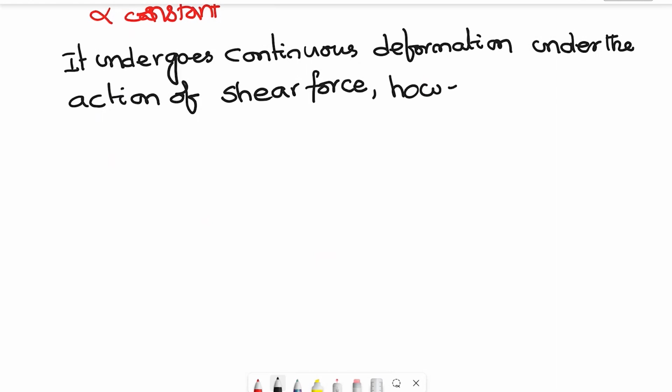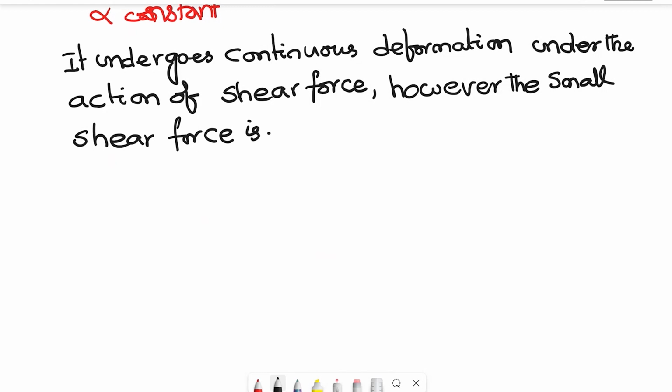However small the shear force is, as long as you're applying the shear force, deformation is continuous. Continuous deformation, what does it mean actually? It means flow.